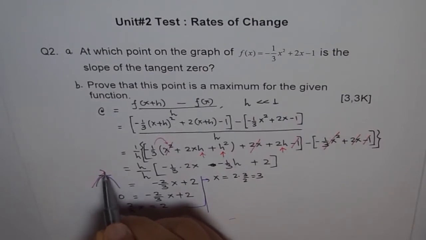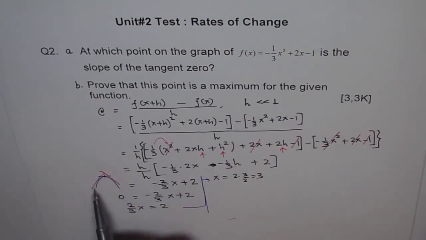And on the right side it should be negative. If the instantaneous rate of change changes from positive to negative, that means it's a maximum. So that is what we have to figure out.